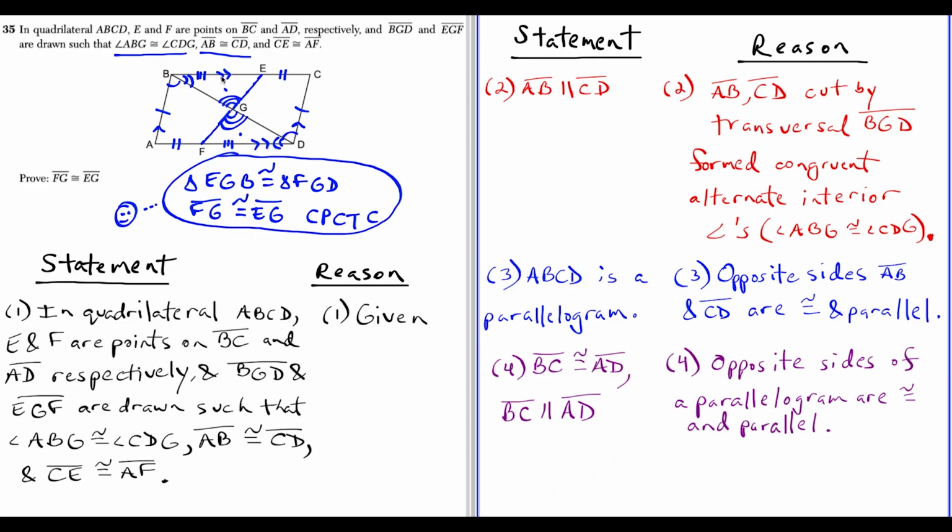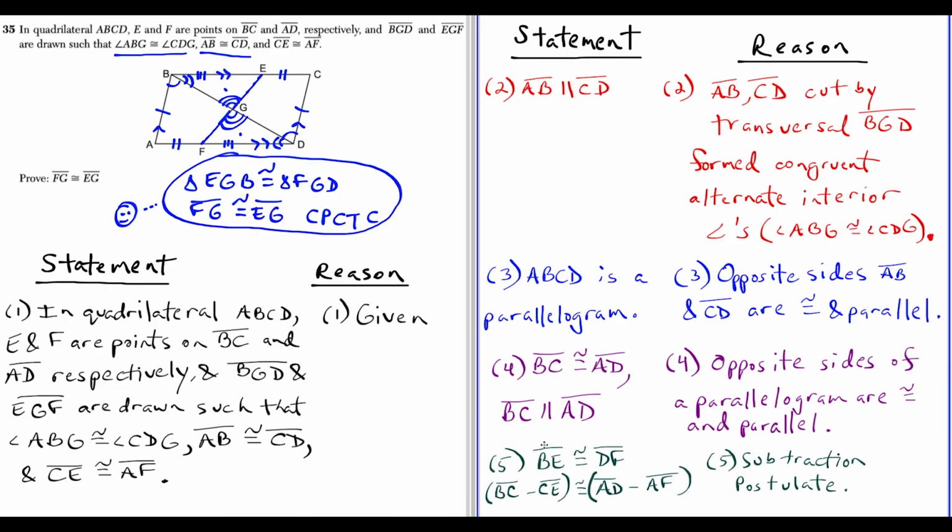Now, once we've talked about these two sides, the next thing we could say is that segment BE, this segment over here, is congruent to segment DF by the subtraction postulate. We could specify the congruent segments that we're subtracting in this part here because this particular statement is a little bit tricky to establish.